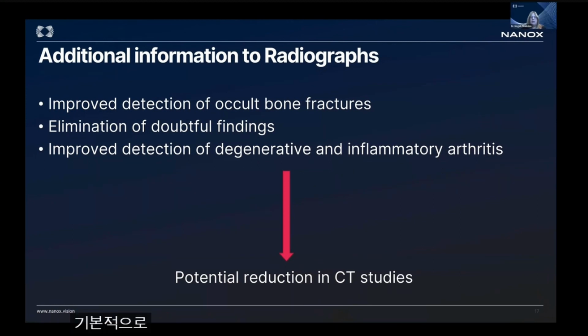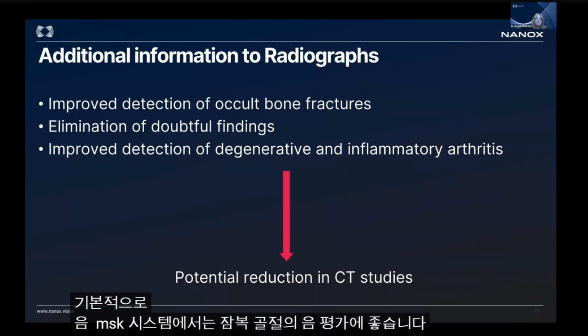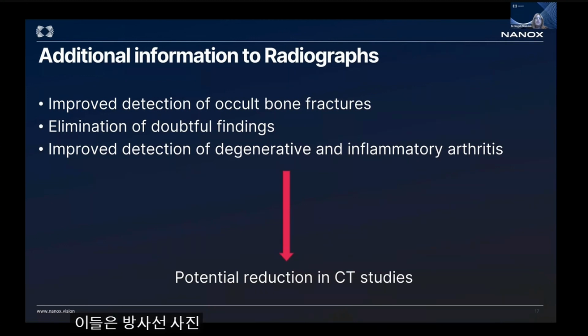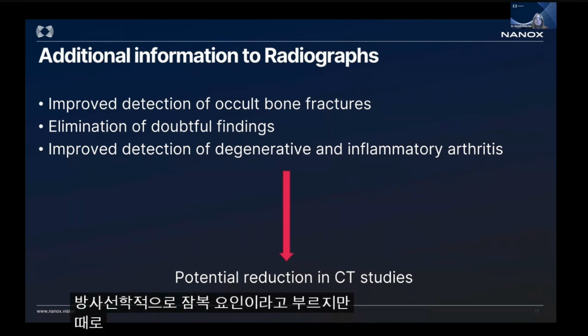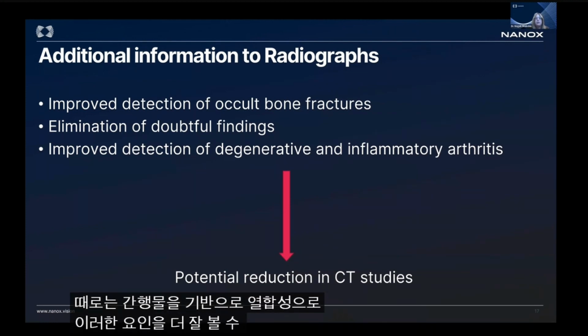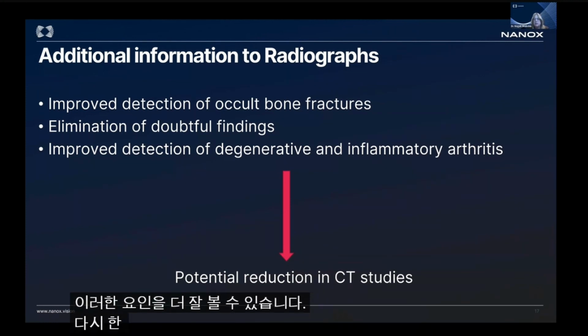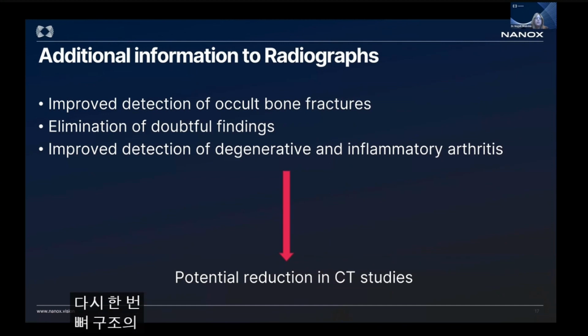So basically, in the MSK system, it's good for evaluation of occult bone fractures. These are fractures that can be missed on radiographs. That's why they're called radiographically occult fractures. But sometimes, based on publications, we can see these fractures better with tomosynthesis, again because of the unclutterting of the structure of the bones.